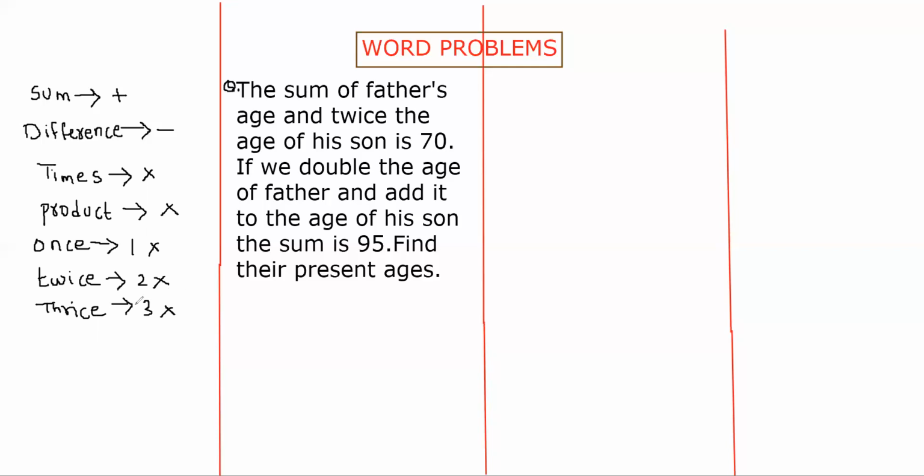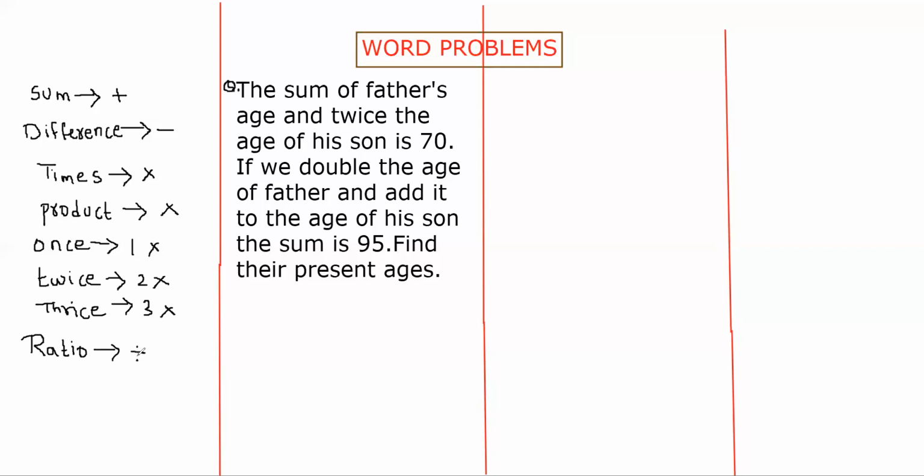Then 4 into, 5 into, and 6 into, that we represent as 4 times, 5 times, 6 times, and so on. Now after this, division. Which word represents division? Ratio is the word which represents division. 4 is to 5, we write 4 upon 5. 5 is to 2, we write 5 upon 2.